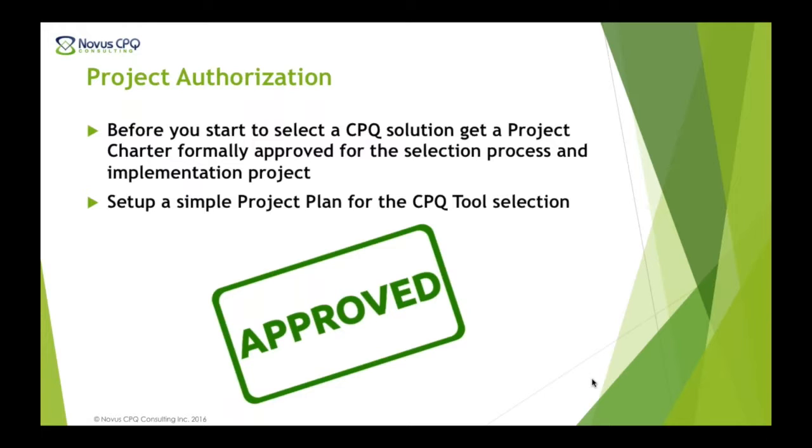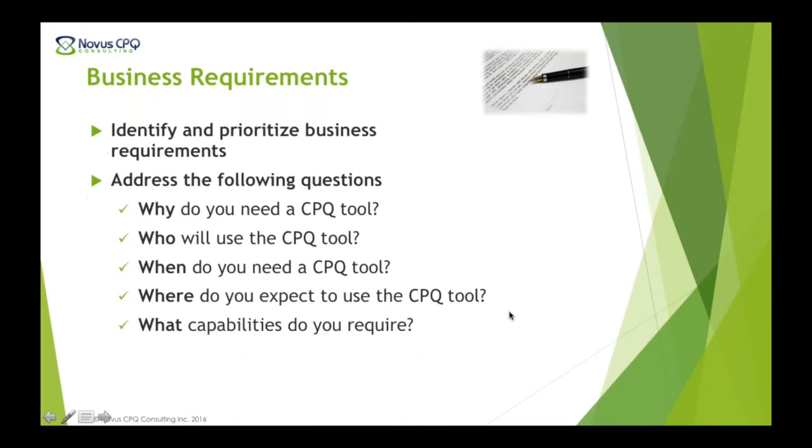I think you do yourself a favor if you come back with at least a high-level project plan for the CPQ tool selection, to make sure whatever time frame conditions you have to live in, you have timelines for it and you can stick to it, and you have an official approval from a sponsor to go about it. So make sure it's approved, everything is set up as it should be before you get started.